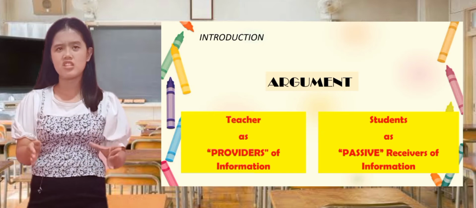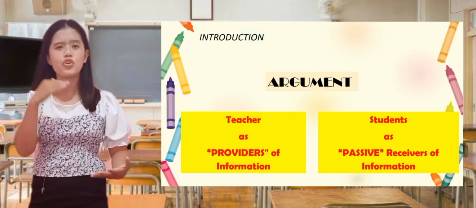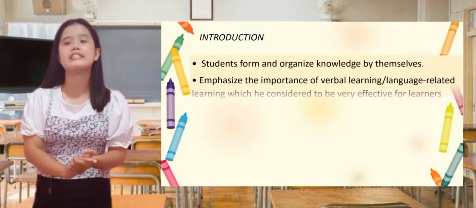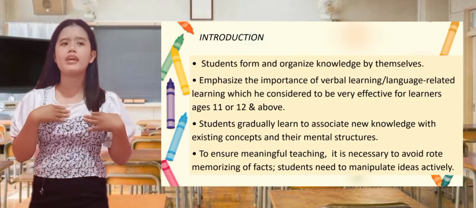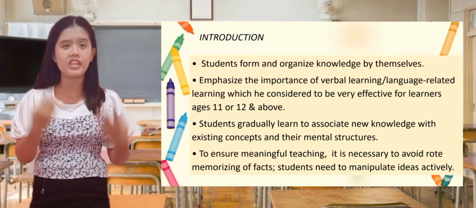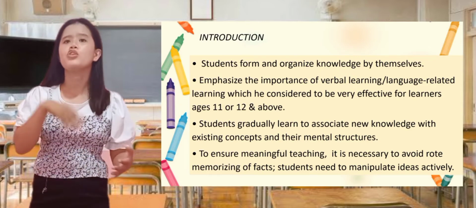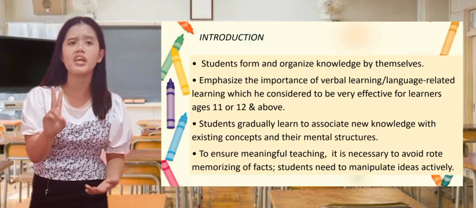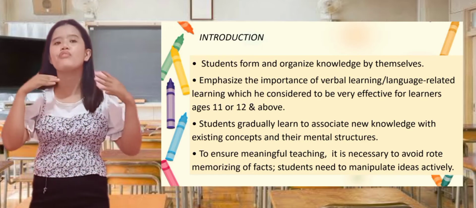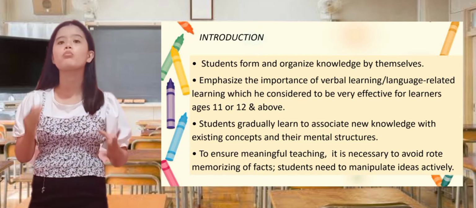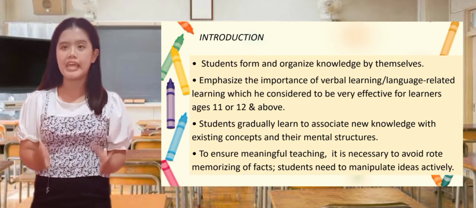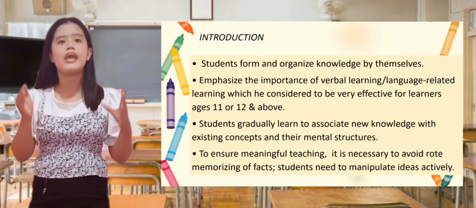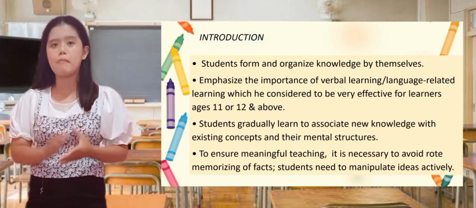Moving on, this theory will make students form and organize knowledge by themselves, because they are the ones who integrate or link the new lesson to the previous lesson in order to acquire new knowledge. Second, this theory also emphasizes the importance of verbal learning or language-related learning, which he considered very effective for learners aged 11 or 12 and above.